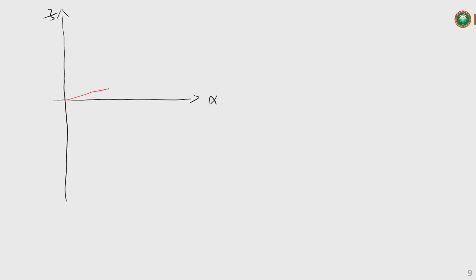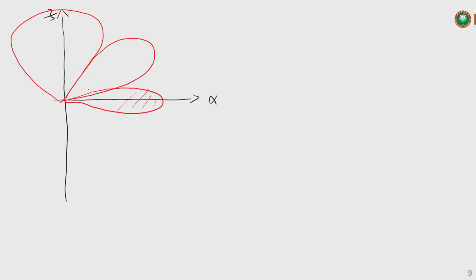Let's say, for example, let's make it like this, and when we want to change it to, for example, this direction, or this direction, this one.